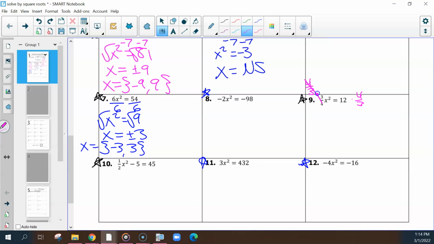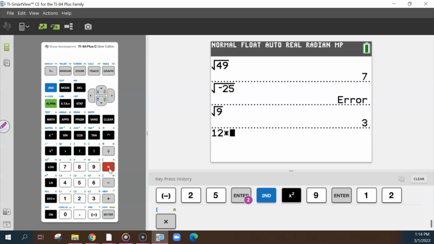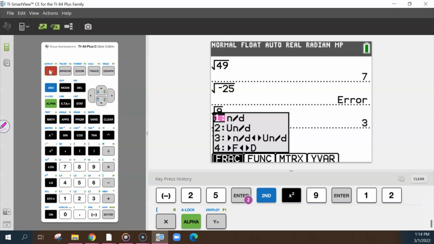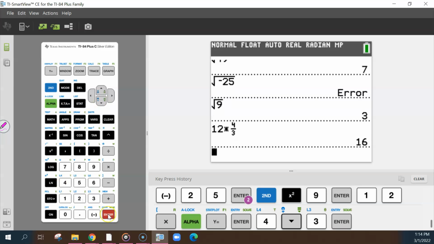These would cancel on this side. If you don't remember how to use your fraction button, in your calculator you would have 12 times alpha y equals, which will give you your fraction bar, that first one. And then I could put in 4/3 to get my answer of 16.